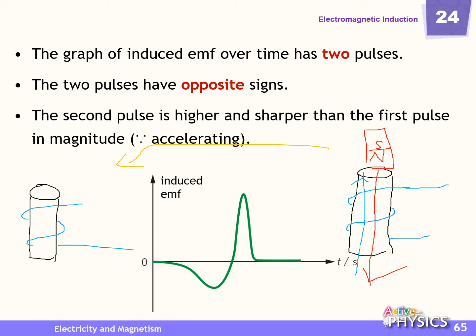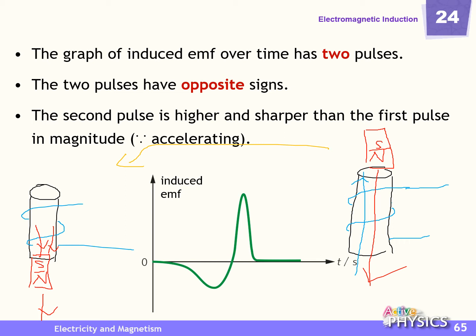You can imagine that after a certain time, the magnet may drop to this position. In this case, less and less field lines are coming down, because the magnet is falling away from the tube.